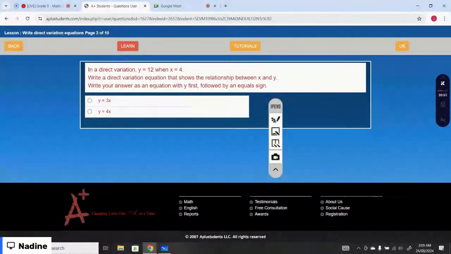The correct option is option number 1, that is y equals 3x. Very good.